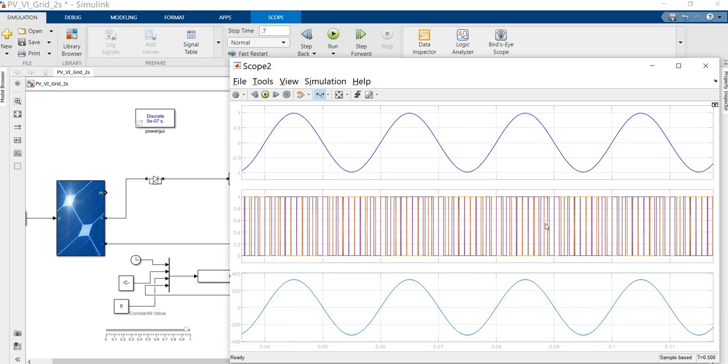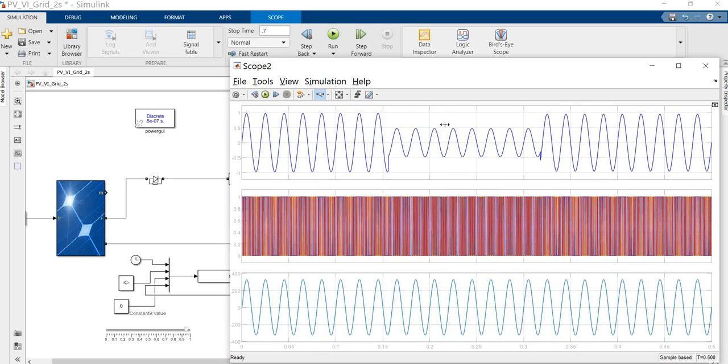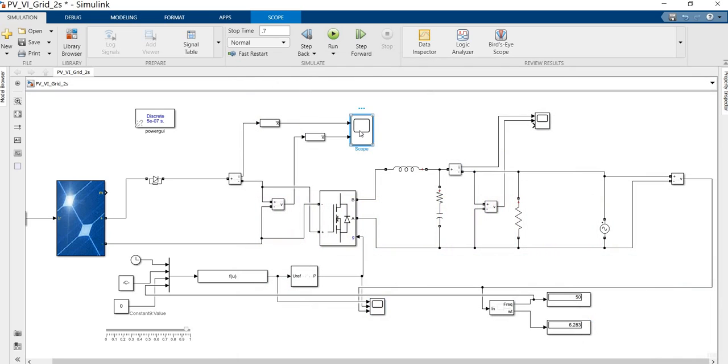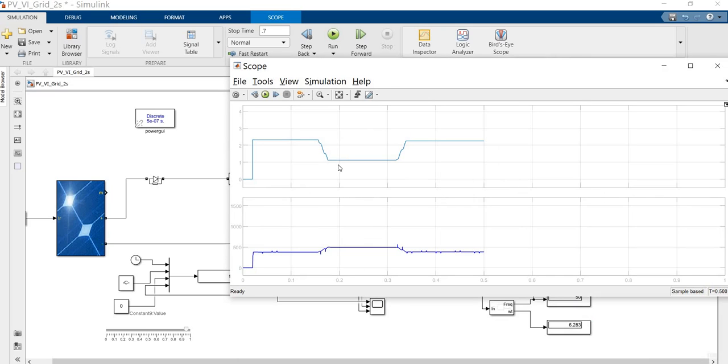Now we are going to see the magnitude of these two waves. See, what is the pulse width? Here the pulse width is different compared with this pulse width. Based on this operation, similarly the current will be reduced, the voltage will increase, and the maximum power point is changed.